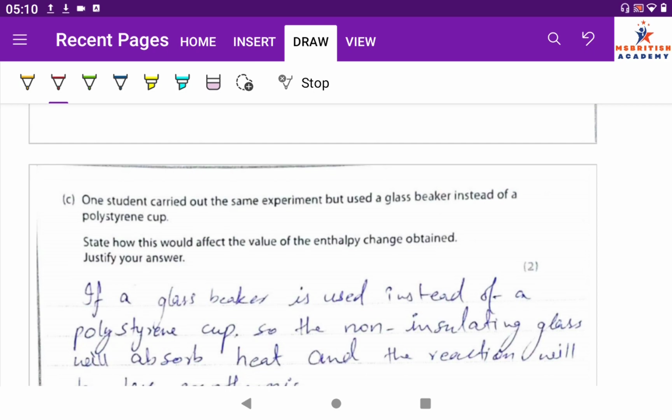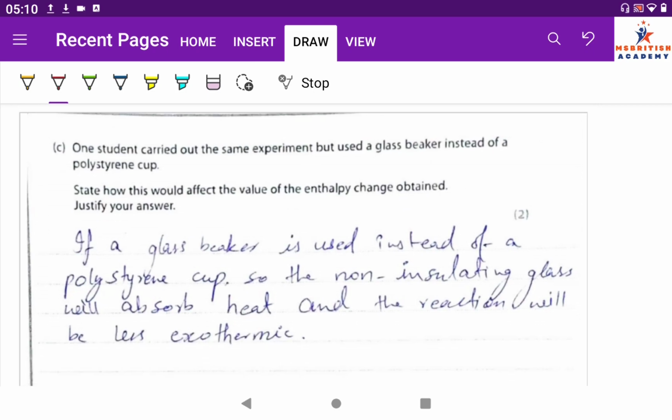Okay, now C part. One student carried out the same experiment but used a glass beaker instead of a polystyrene cup. State how this would affect the value of enthalpy change obtained. Justify your answer. If a glass beaker is used instead of a polystyrene cup, because glass is a non-insulator, it will absorb some heat.